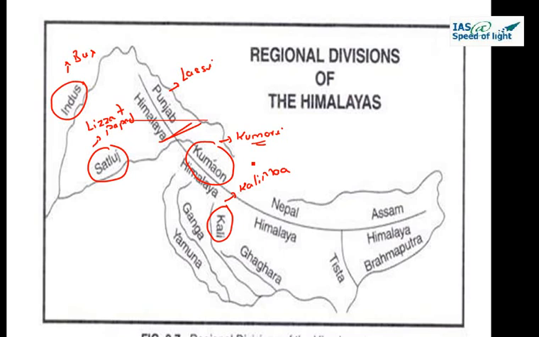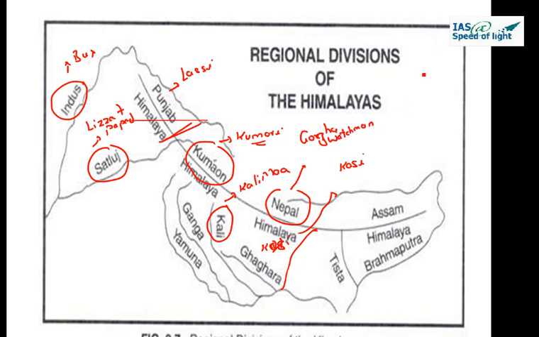Then between Kali to Kosi, it is the Nepal Himalayas. So Kalima we have. Kosi, we already have a picture of Kashi Vishwanath. And Nepal, we have a picture of a security guard or a Gorkha watchman.